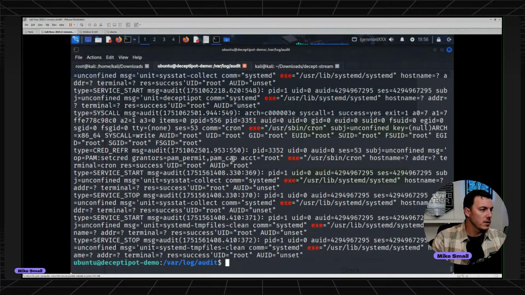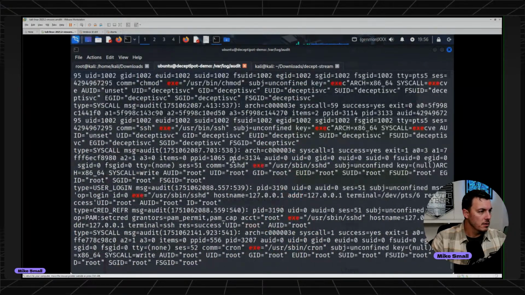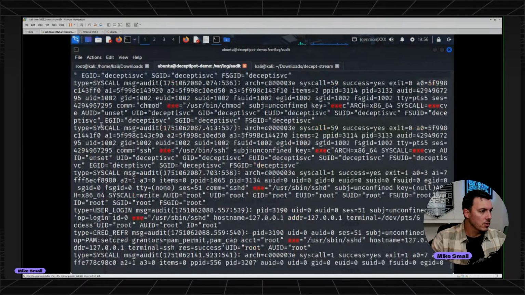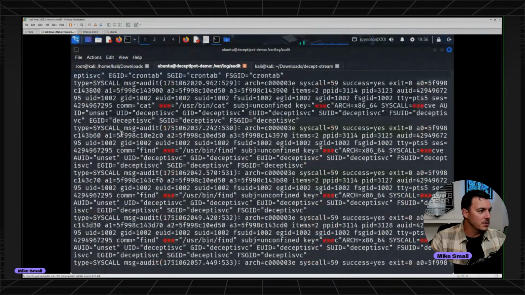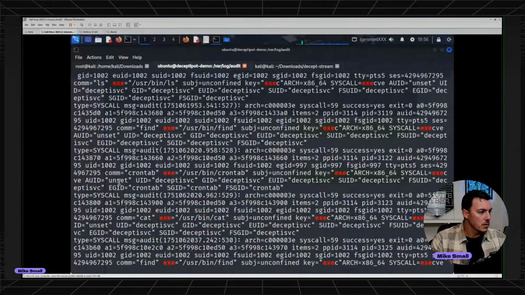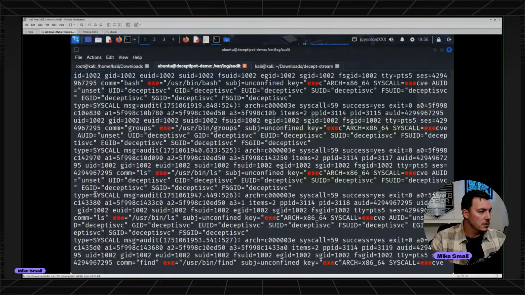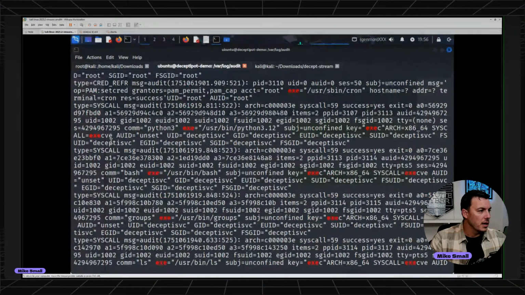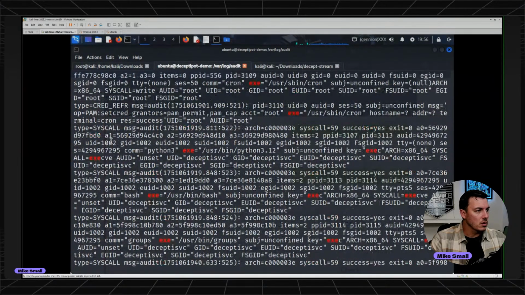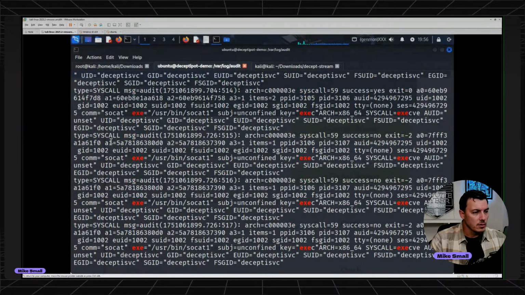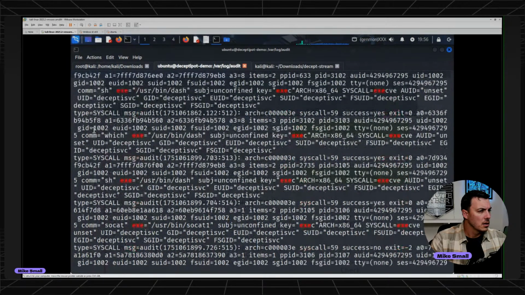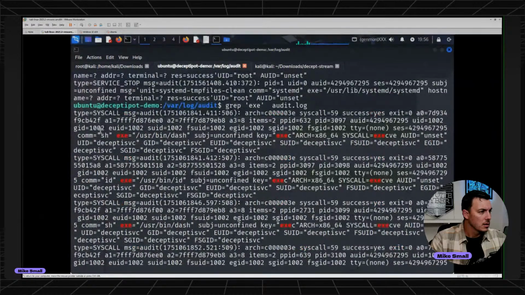So this will give us a bunch of stuff. And we're looking through the types. We could probably cut and see what types are in here. Cron, syscall. And I know these are very, very difficult to read. What we can do is also clean it up a bit as well. exe here.